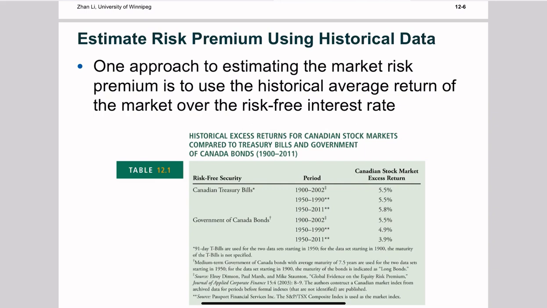Let's say you're looking at the Canadian market and you're using the TSX composite index as the market portfolio. So you want to estimate the expected return of the market portfolio. What you could do is look at, let's say, the past 10 years of TSX composite index returns. And then you would use the past 10 years' average return as an estimation of this risk premium.